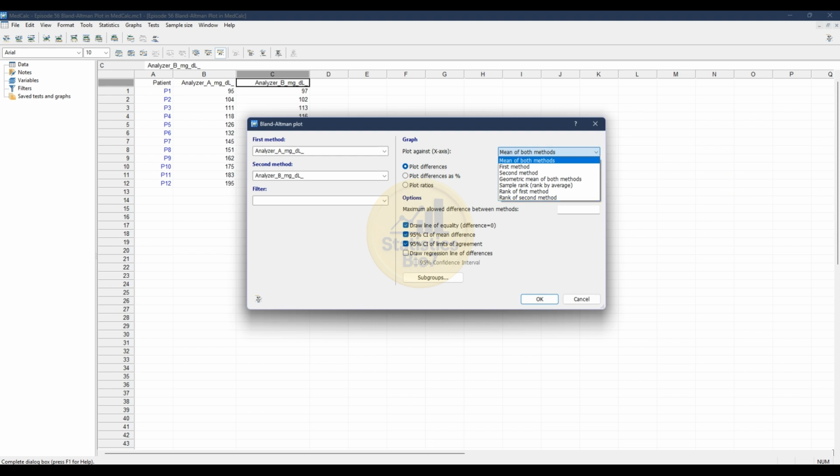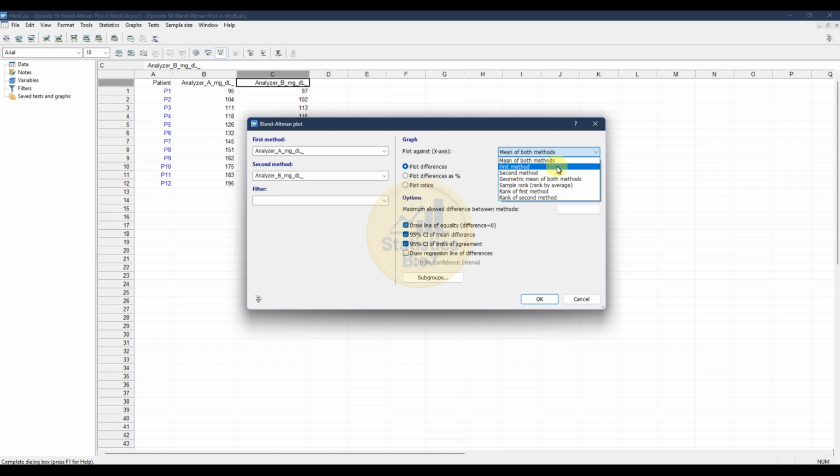The first one is the mean of both methods. This is the formula A plus B divided by 2. This is the original Bland-Altman method, best for these studies, and most biomedical studies use it.